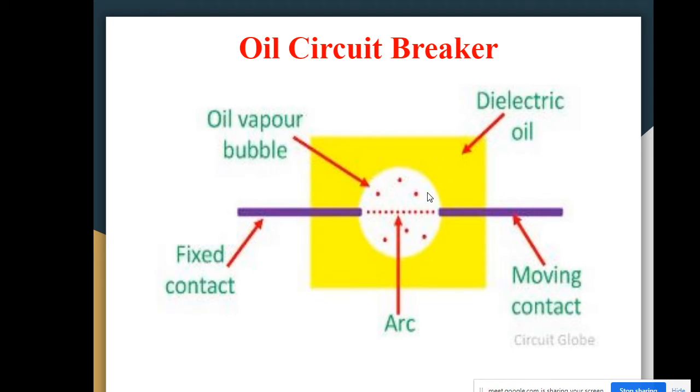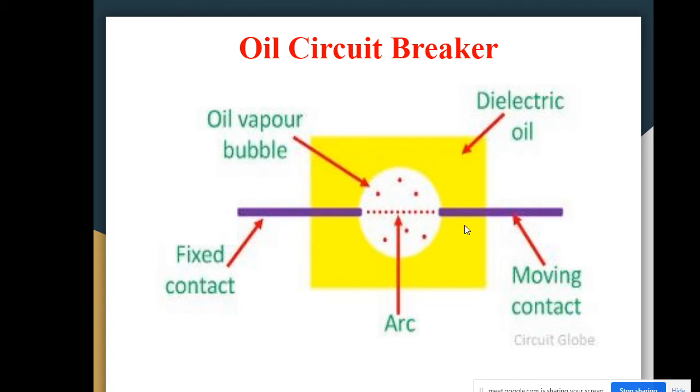Hydrogen gas has the property of high heat conductivity, so it absorbs the heat. In addition to hydrogen, methane and ethane gases are also released, but their percentage is very small compared to hydrogen. That is why I am using only hydrogen gas to explain how it extinguishes the arc, right?